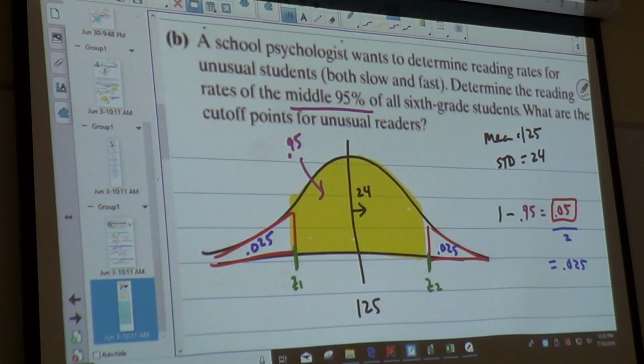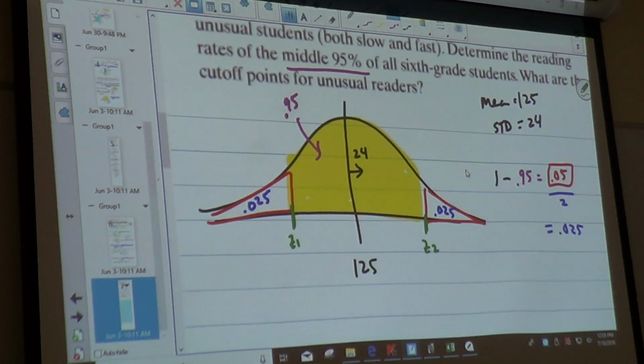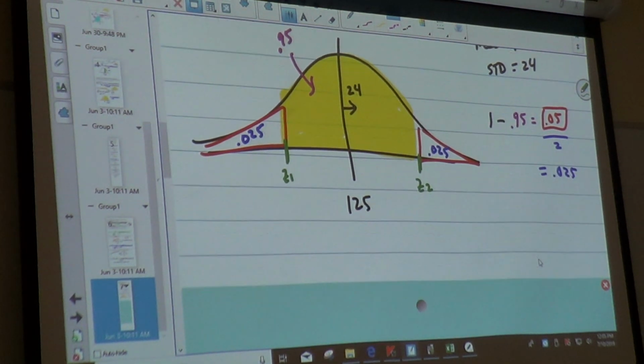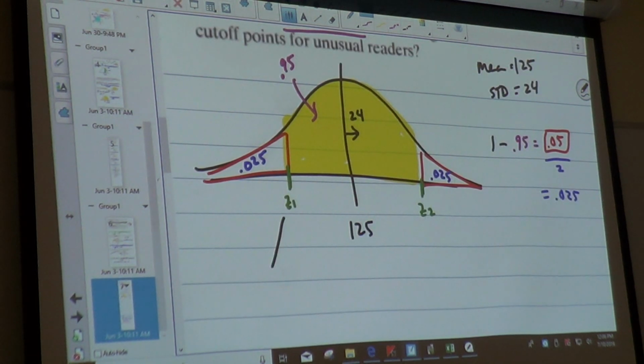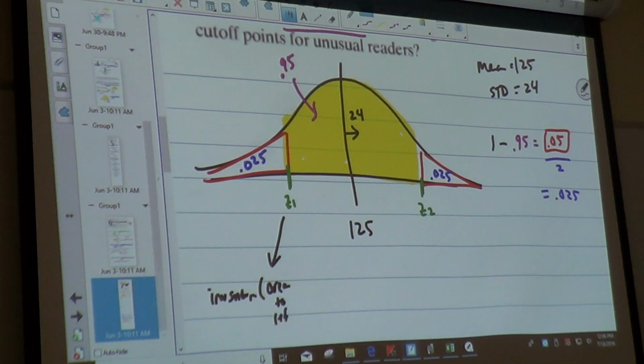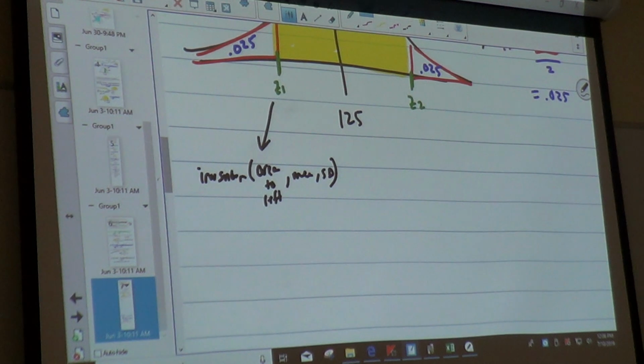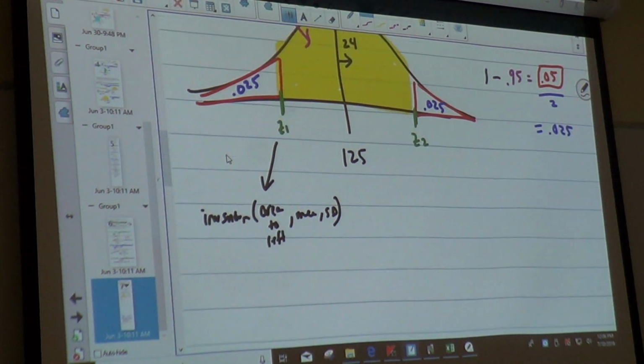Because I'm finding the Z, that means I'm going to do what? Inverse norm. And remember, when we do inverse norm, it is the area to the left, the mean, and the standard deviation. So for Z1, what is my area to the left? 0.025, 125, and 24.